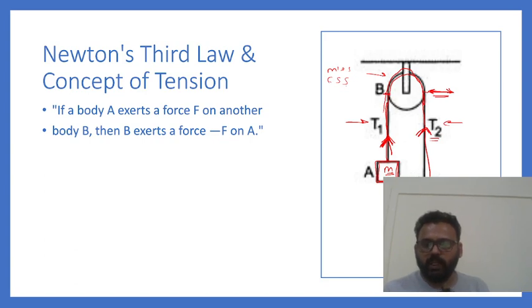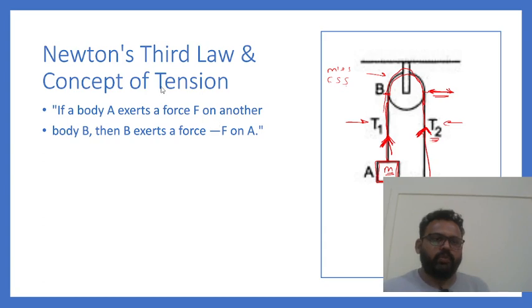Now T2 is basically produced by these two masses. Say this is M1 and this is M2. The tension force T3 is produced by mass D in the vertically upward direction, and tension force T2 is produced by C and D in the vertically upward direction.